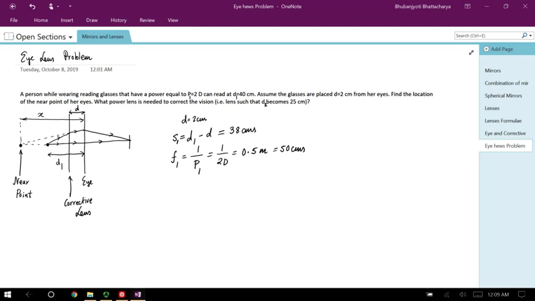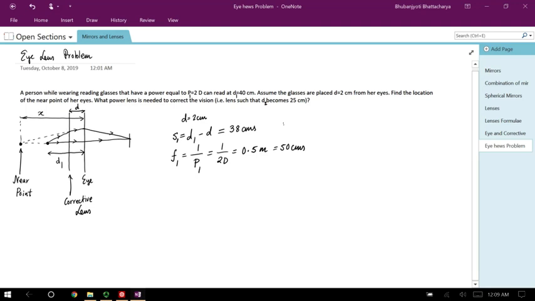But if you look at the picture, then s1 prime is going to be equal to a negative quantity, because it's formed behind the lens on the same side as the object. So s1 prime should be equal to negative x minus d, which is also equal to d minus x.